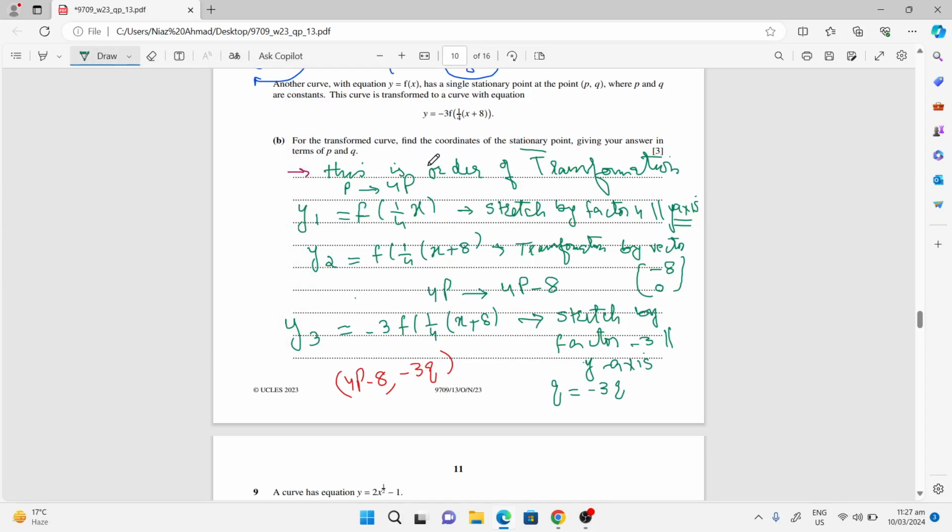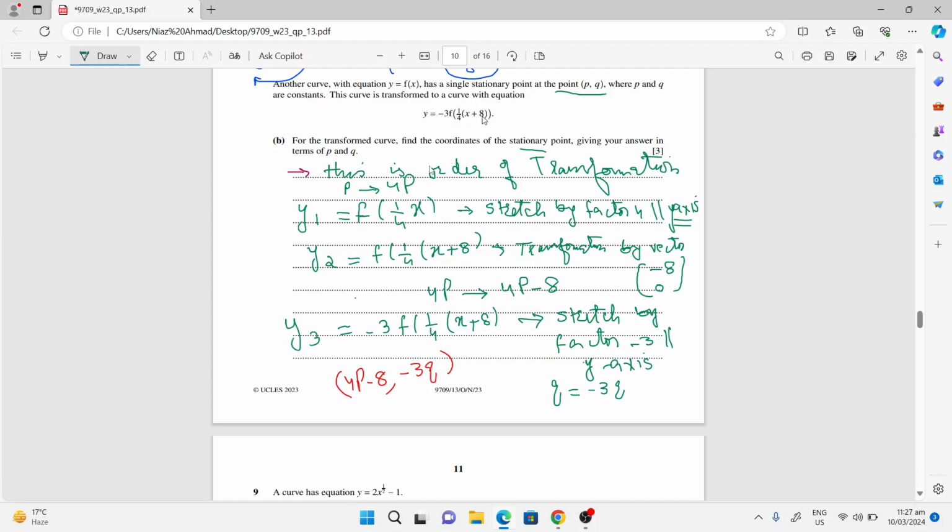I hope you understand this. Another curve, the function y equals f of x, has a single stationary point at the point P, Q. So we need to find this point, the P and Q, under some specific order of transformations. Where Q and P are constants, this curve is transformed to a curve with equation y equals negative 3 times 1 by 4 of x plus 8.